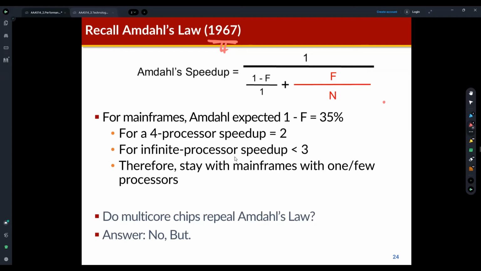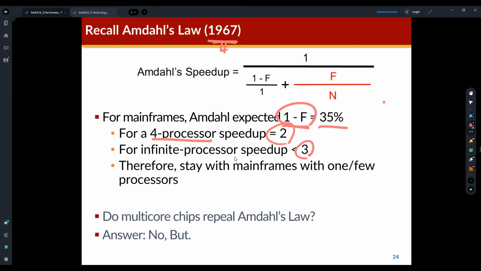So Amdahl expects that this 1 minus f, which means the part which cannot be enhanced, is about 35%. Then if we apply a 4-core processor, a quad-core processor, the speedup is just 2. And if we apply an infinite number of processors for the parallelizable part, the speedup is less than 3, because 1 minus f is about 0.335.